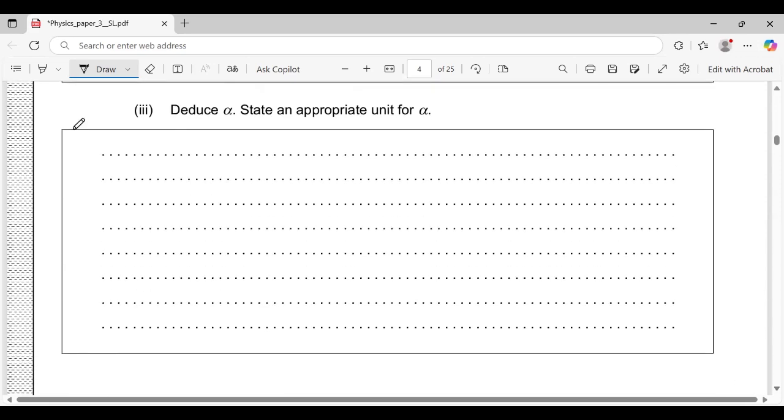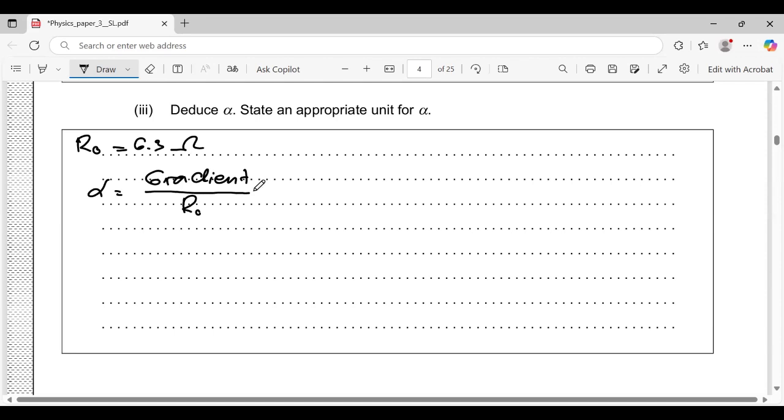Okay, so R0 is 6.3 ohms. You can see it on the graph. So alpha equals the gradient over R0.